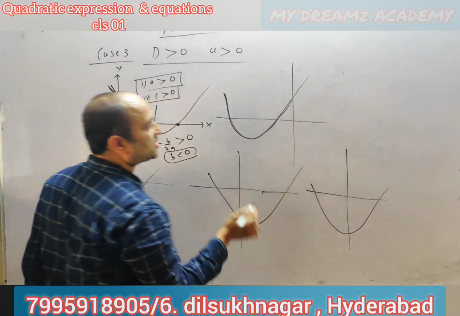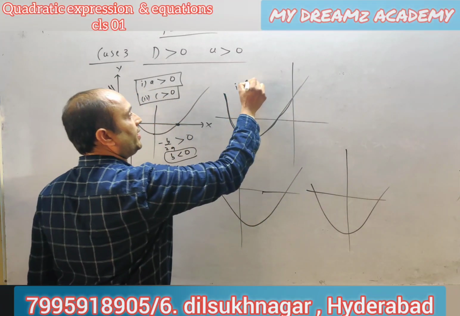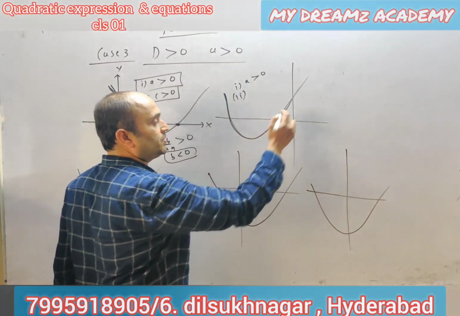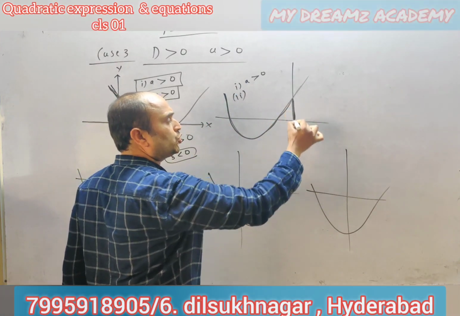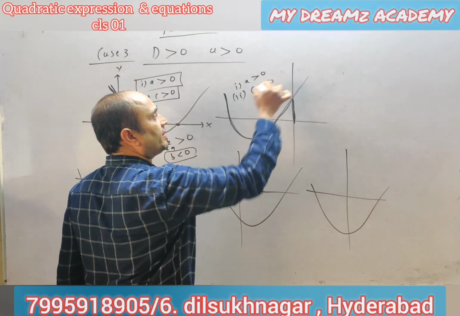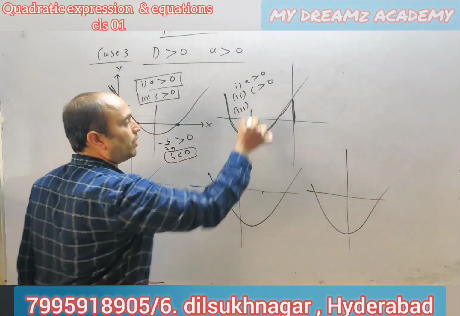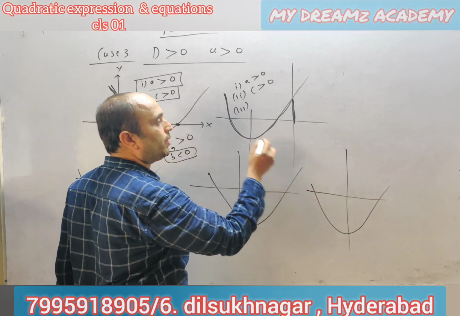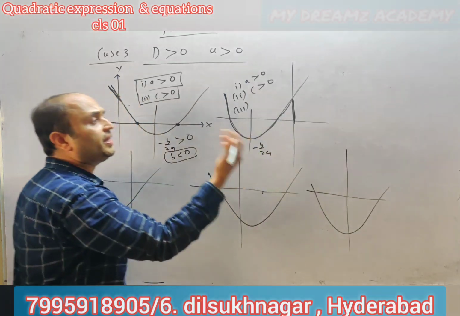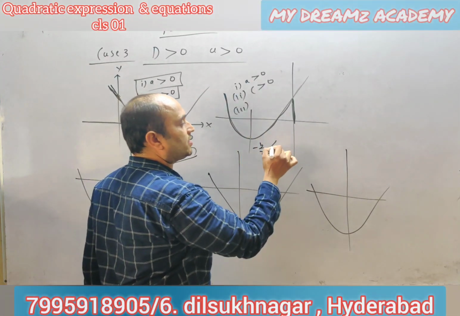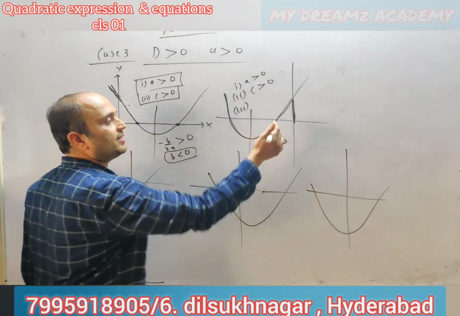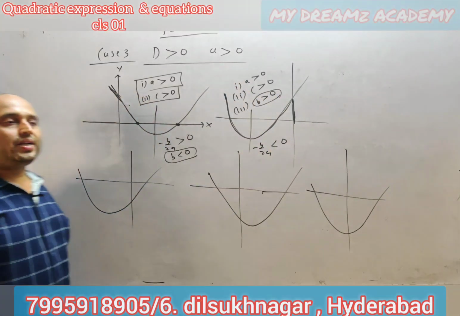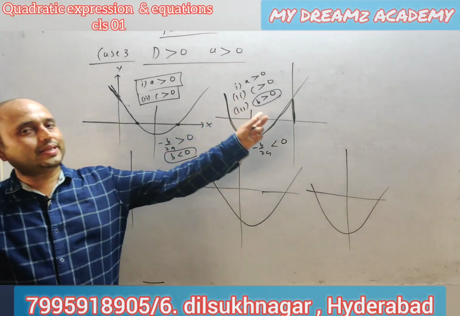First condition, a is greater than 0 and c is greater than 0. Third, what about the x? That minus b by 2a lies on the negative x-axis, meaning less than 0. Send minus to that side, so b should be greater than 0. These are the different conditions of a, b, c.